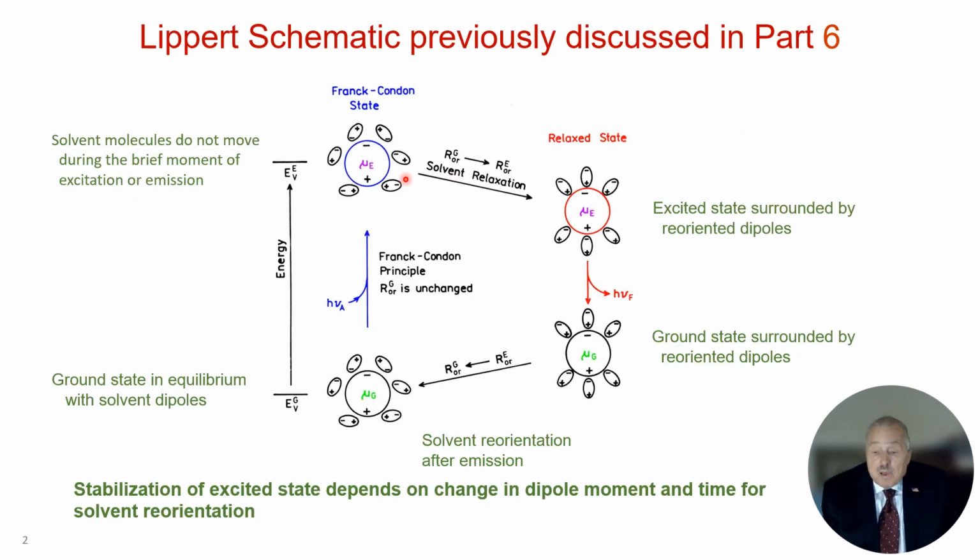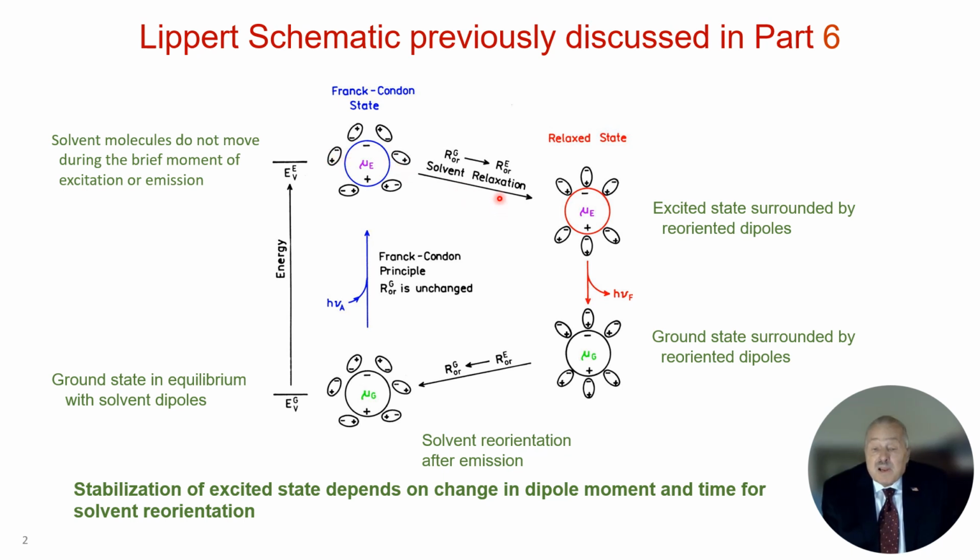Let's start by looking back at the Lippert scheme that we discussed in part 6, and that is where the fluor starts in the ground state with the ground state solvent orientation of all of the solvent molecules, goes to an excited state, but that's instantaneous, so we keep the ground state solvent configuration.